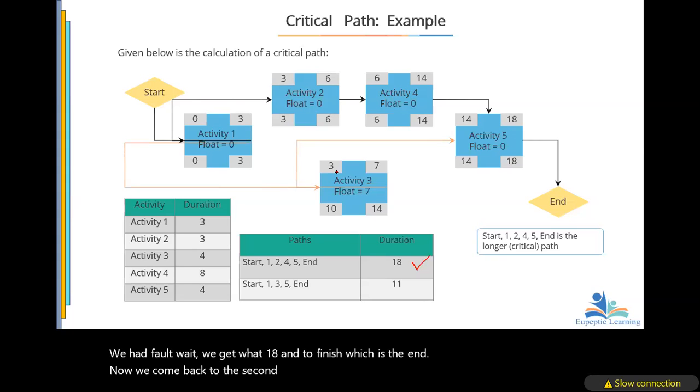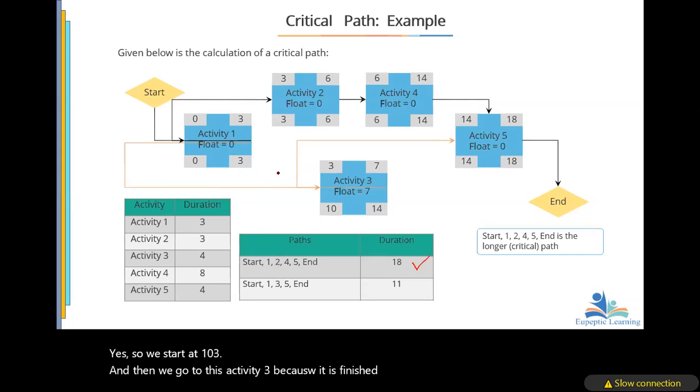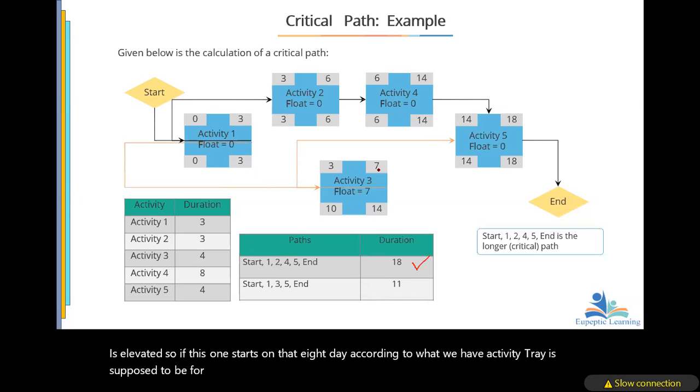We start, and then we go to activity 3, because it is a finish to start and it depends on it. This one will also start on the third day. If this one starts on the third day, activity 3 is supposed to be 4 days, so the early finish will be 7.